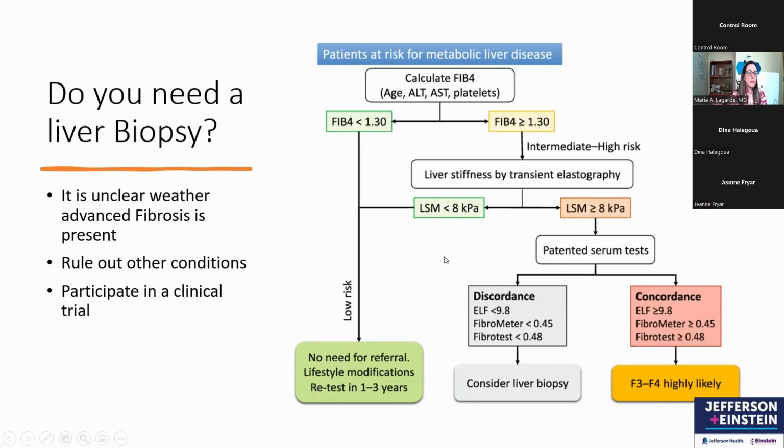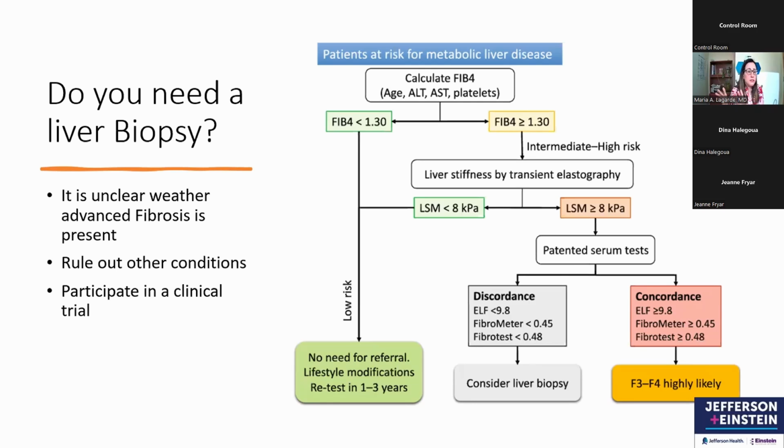Then we do some of the more advanced testing, like the elastography. A FibroScan in the office is one of the proprietary tests that we use, or the MR elastography. And so with that, if we confirm that those have low probability for scar tissue, then again, we focus on risk factors, we treat the underlying disease, and we check for this scar tissue every 1 to 2 years.